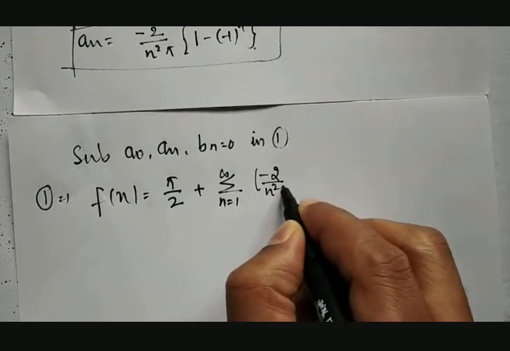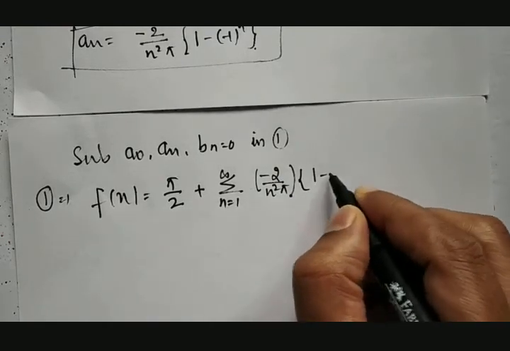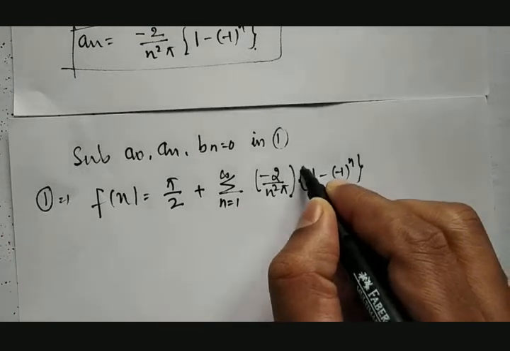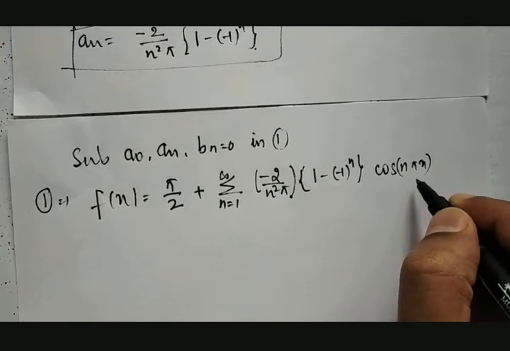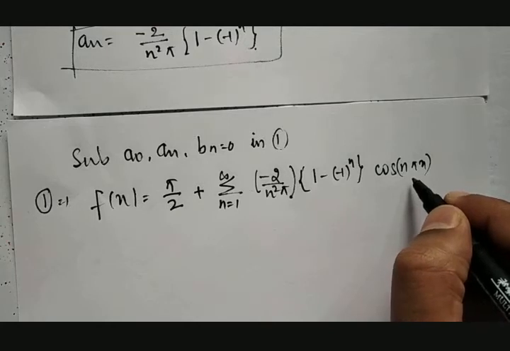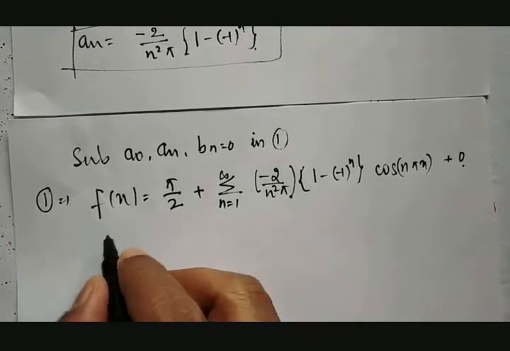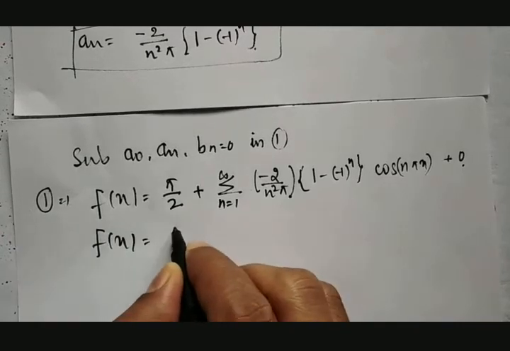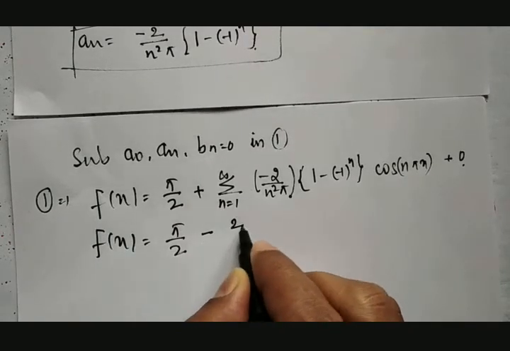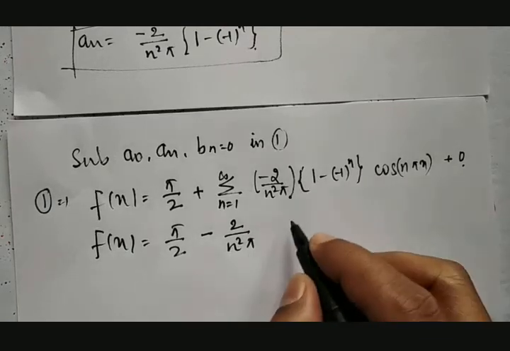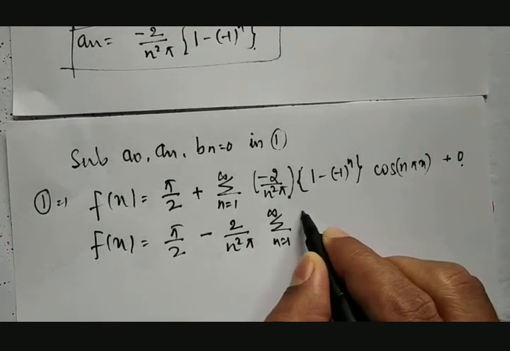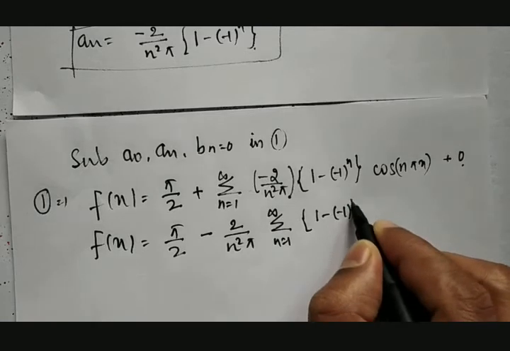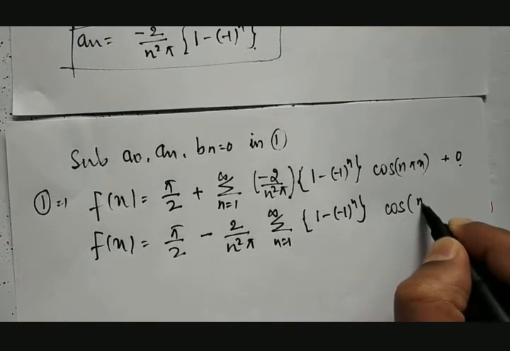Minus 2 divided by n square into pi into 1 minus of minus 1 raised to n into cos n pi x. Actually n pi x divided by L, but L is equal to 1, plus this is 0. Therefore, f of x is equal to pi by 2 minus 2 divided by n square pi, taken out. Then it is summation from n equal to 1 to infinity of 1 minus of minus 1 raised to n into cos n pi x.